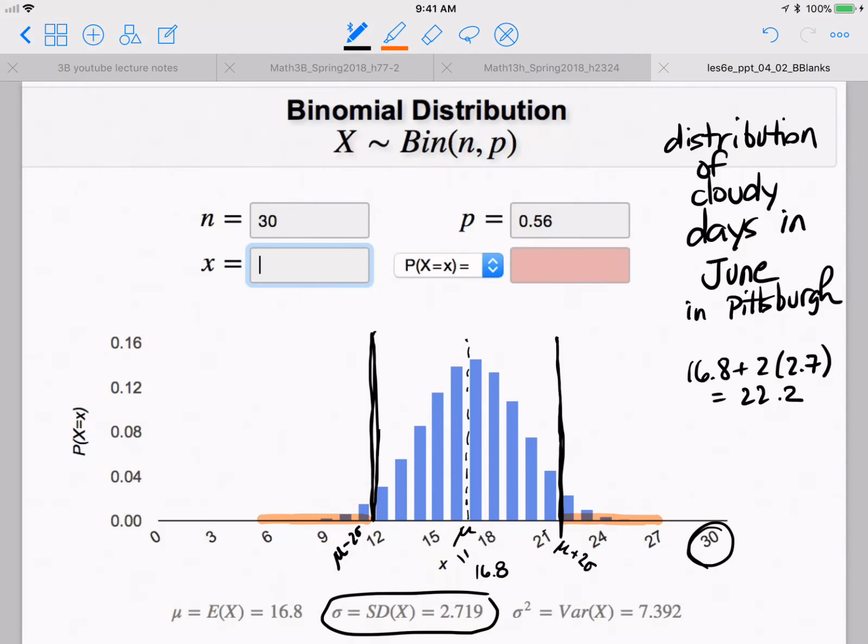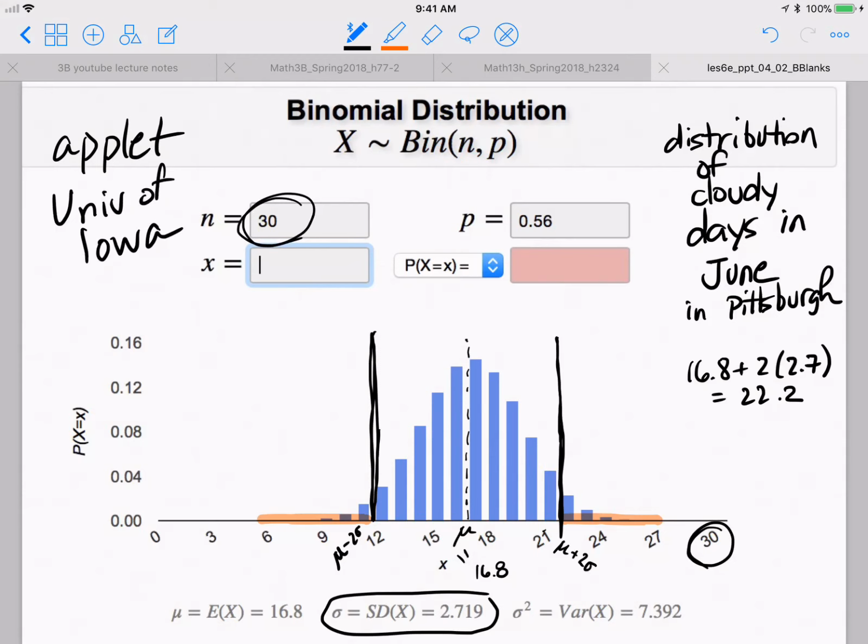You can just do a sketch. But I will post the link to the applet. This is an applet from the University of Iowa, and I just put in my N and my P, and it automatically graphs the binomial distribution for you. So I'll post that and you can play around with it. Thanks, that's it.